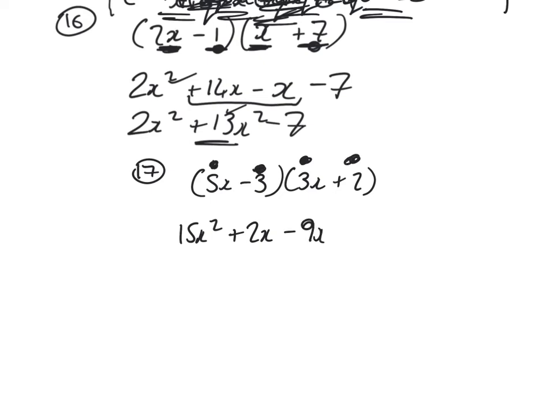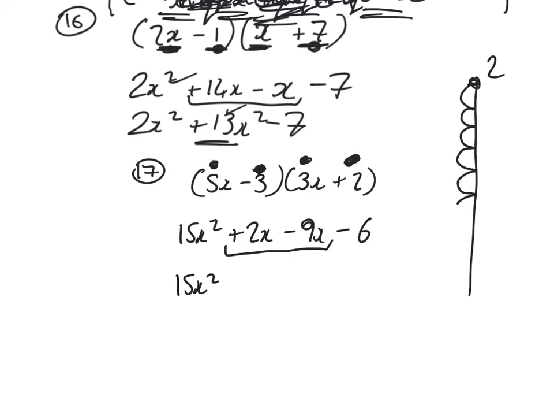And last minus 3 times 2 is minus 6. Okay, let's tidy up the middle. So we've got 10x and we drop down 9. And that will bring me down to minus 7, so that's 15x squared minus 7x minus 6, final answer.